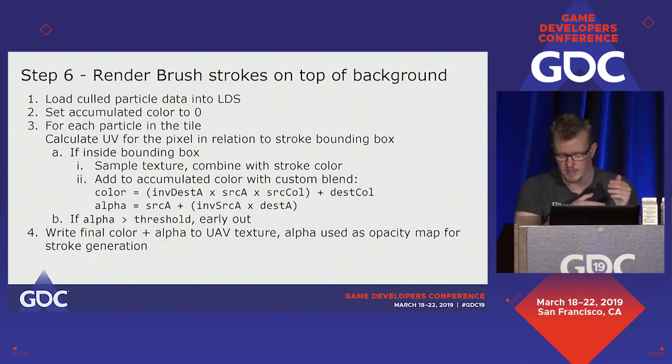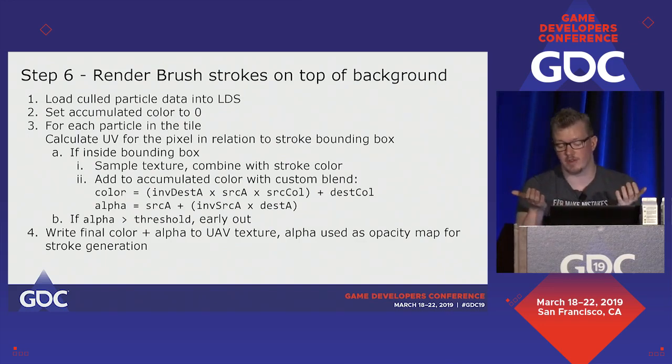We loop through the particles, and it's essentially a ray cast through them. If the ray hits the stroke, we sample its stroke texture, combine it with the stroke's color, and add it to the accumulated color. By using a custom alpha blend, we can actually go front to back instead of back to front.